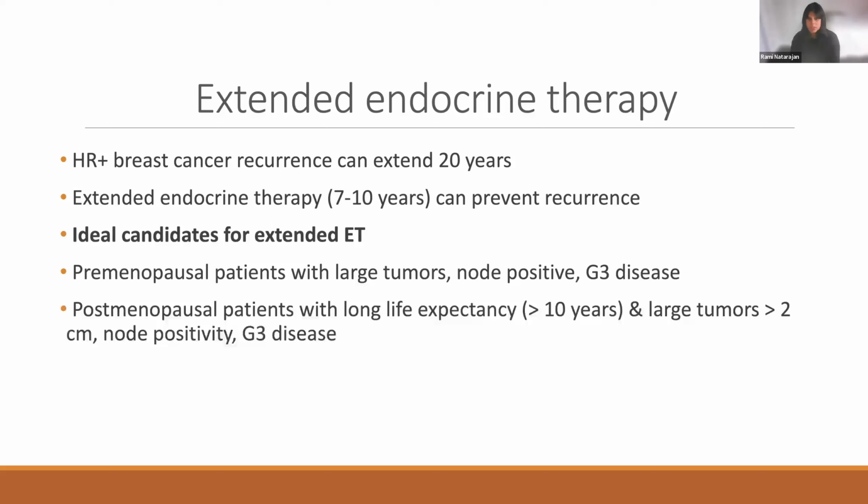So the ideal candidates for extended endocrine therapy are really the highest risk patients. These are premenopausal women with large tumors, multiple positive lymph nodes, high-grade disease, or postmenopausal women with long life expectancy, at least 10 years or so, large tumors, node positivity, and grade 3 disease.